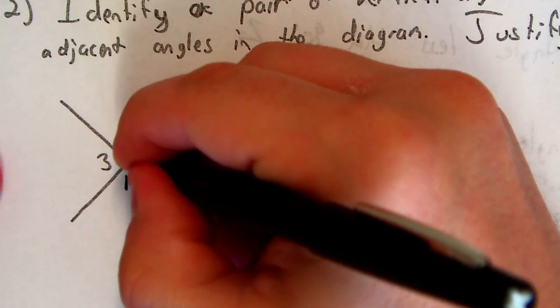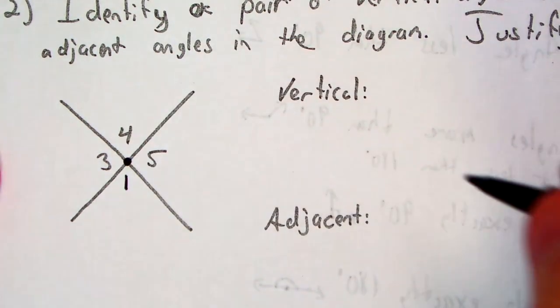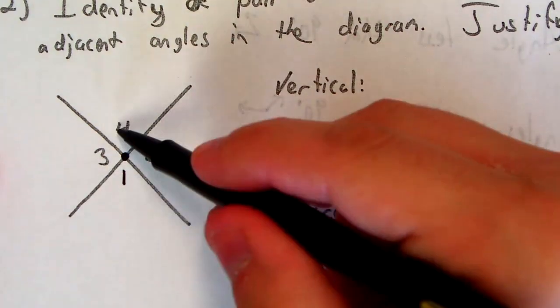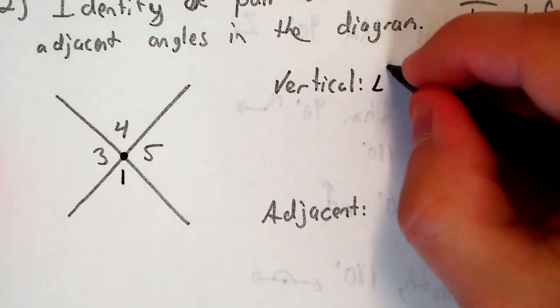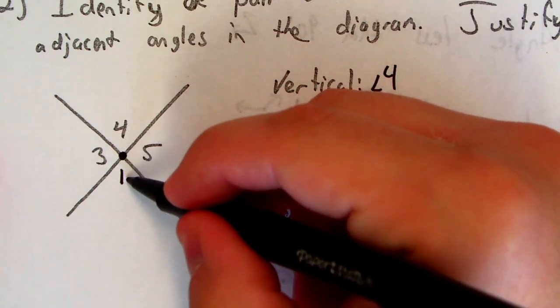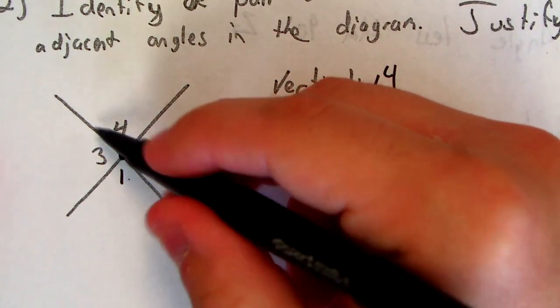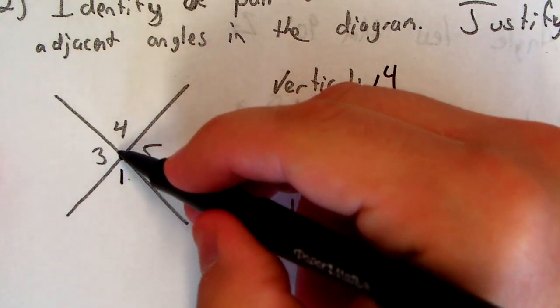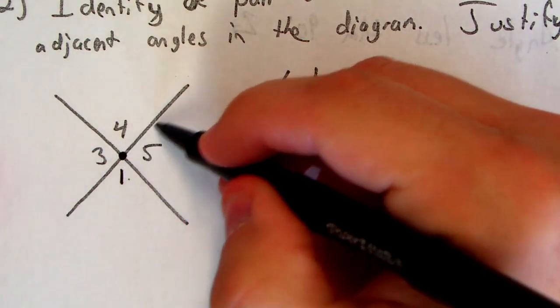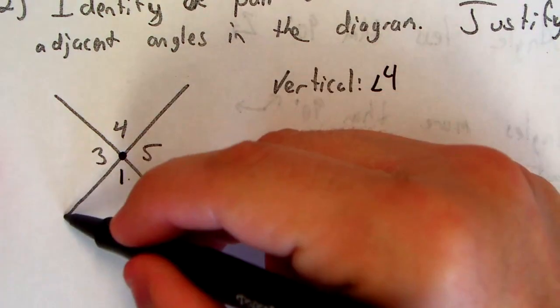The only vertex that we have is right here, but they don't share a side. So if we pick any of these 4 angles, let's just pick angle 4 first. Angle 1 is its vertical angle because angle 4 is formed by these 2 lines here, going from this line down to the vertex and up.